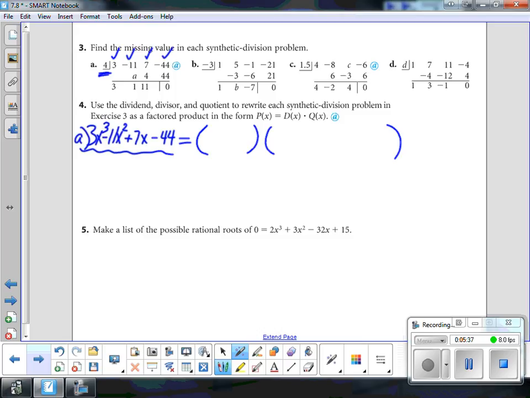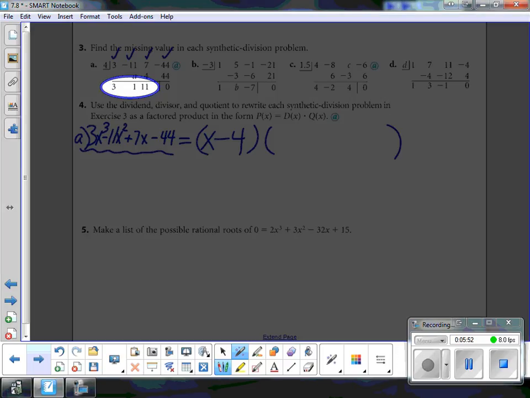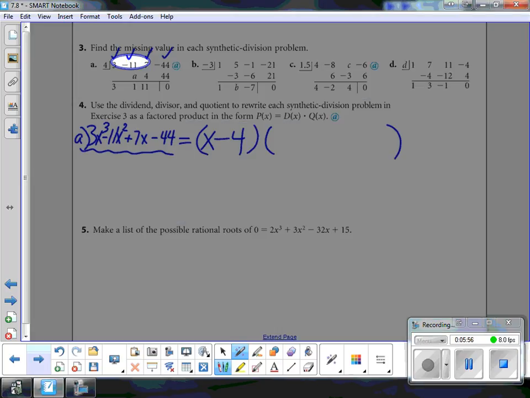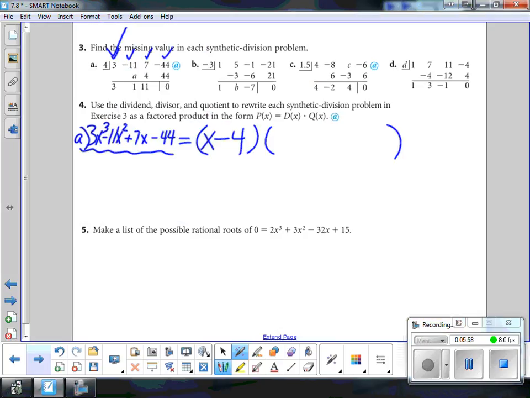If one of the roots is 4, then that would mean that this d of x, the divisor, would be the factor x minus 4. Then the 3, 1, and 11. You basically take these three columns, which used to represent x cubed, x squared, and x, and you reduce them all by a degree.